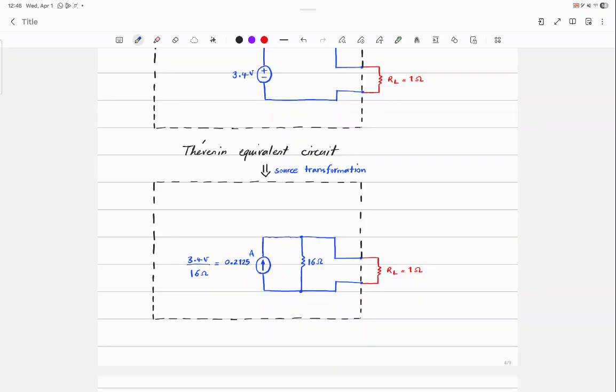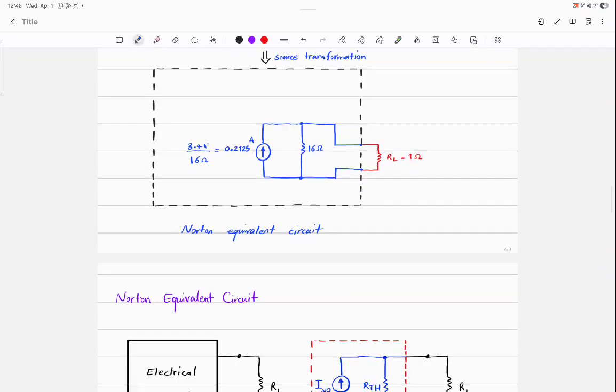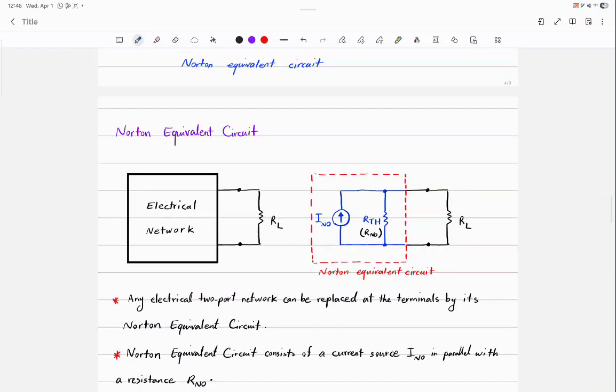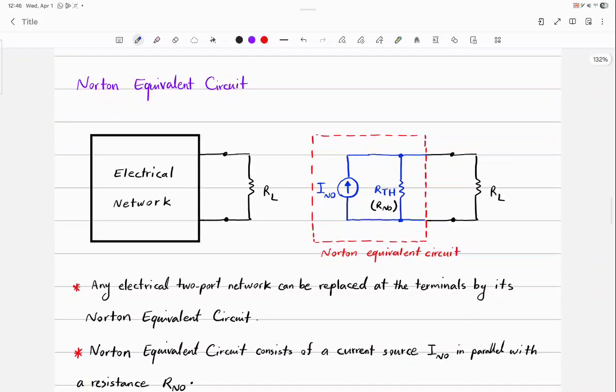This guy is called Norton equivalent circuit. So Norton equivalent circuit is like that.